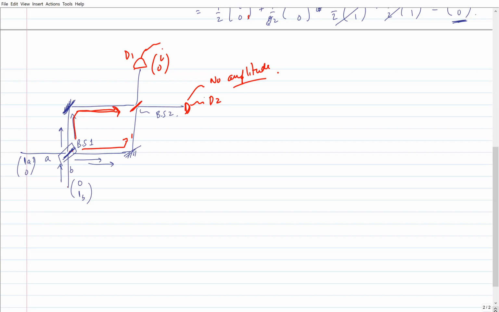Essentially, what's happening in the path integral picture, let me call these states 1 and 0, where 1 is this guy, 0, 1, and 0 was when all the light was in the upper port.